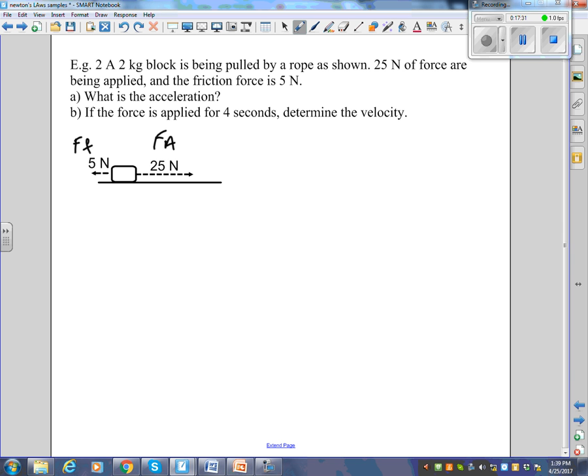Does it matter if I change the forces? I don't like that way of showing the work. Put the 25 on the other side and the 5 on the... You want it going to the left? Well, I don't know in this case because it's a rope.